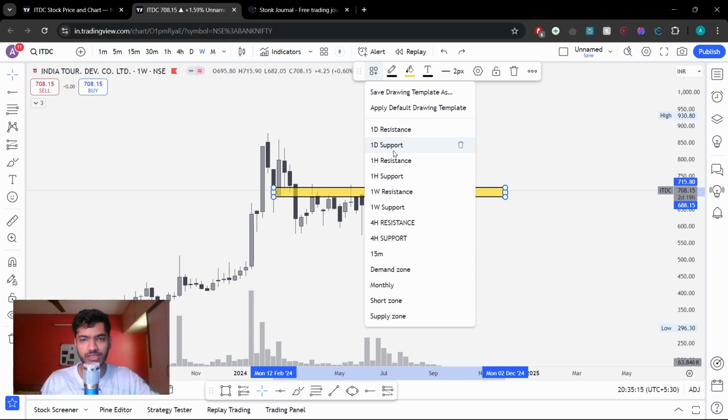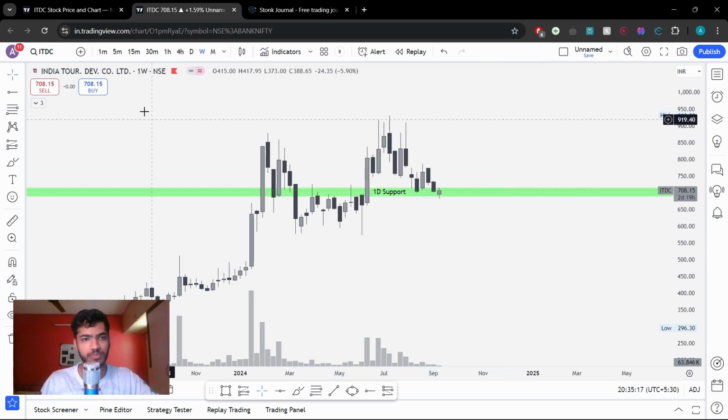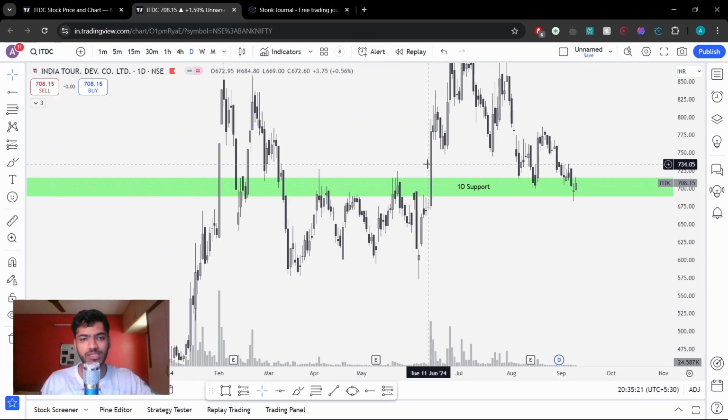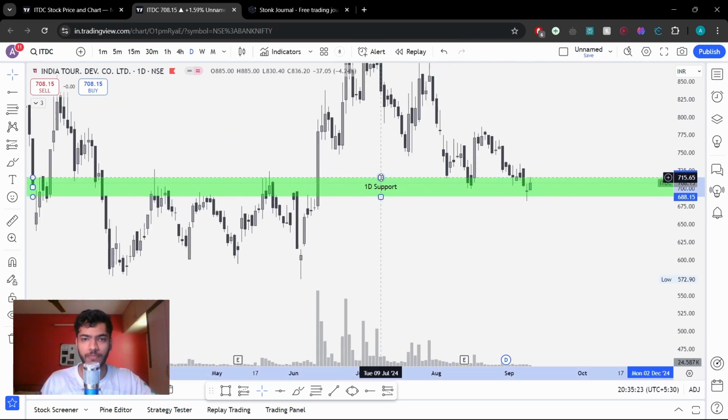So I'll just mark this for the sake of marking as 1 day support. So if you can see, we analyze on the weekly chart, and we'll just move the zone a little bit here and there according to the daily time frame, because the weekly time frame is a bit big.